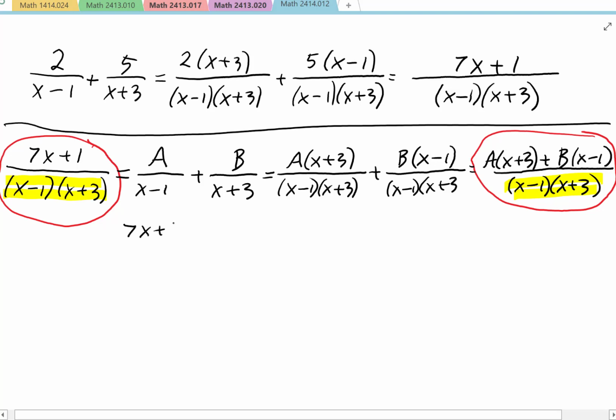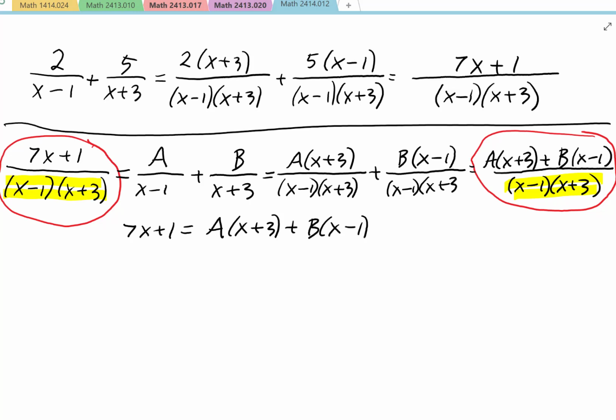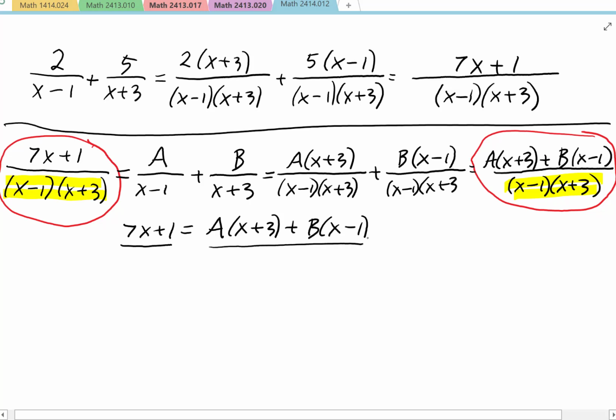So we can set the numerators equal. 7x plus 1 equals a times x plus 3 plus b times x minus 1. This equation tells us that this polynomial is equal to that polynomial.